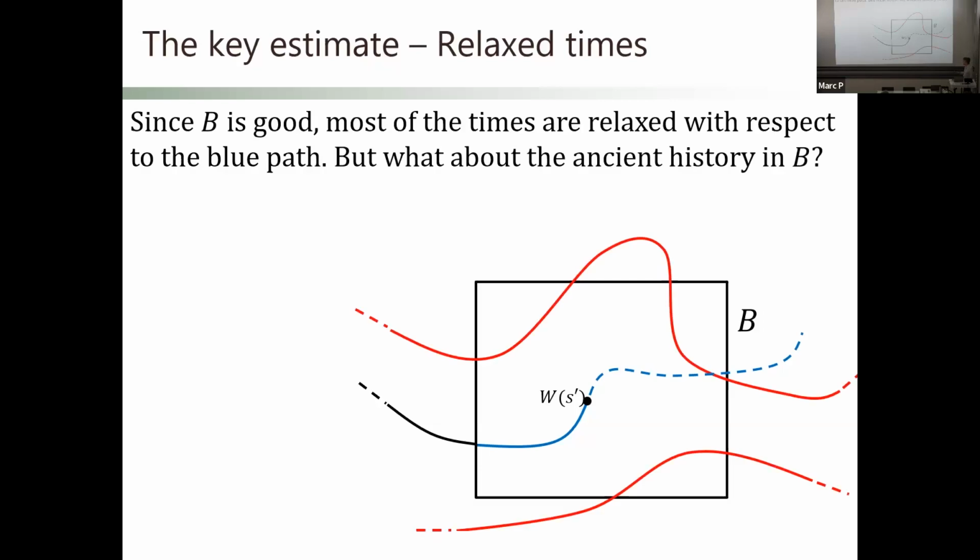And our inductive hypotheses about pairs of paths said that two of these paths won't spend too much time too close to each other. So we'll be able to find a point on one of these paths that's relaxed and not close to any of these ancient paths, and therefore this will be a fully relaxed time. And so you don't have to wait very long to get to relaxed paths or times.